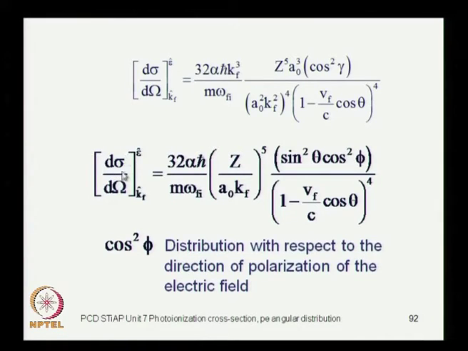So, the differential cross section per unit solid angle in a given direction for photo ejection has got this cos square phi distribution, it goes as the square of the cosine of the azimuthal angle with respect to the zx plane. So, this is an extremely important result in photoionization physics.